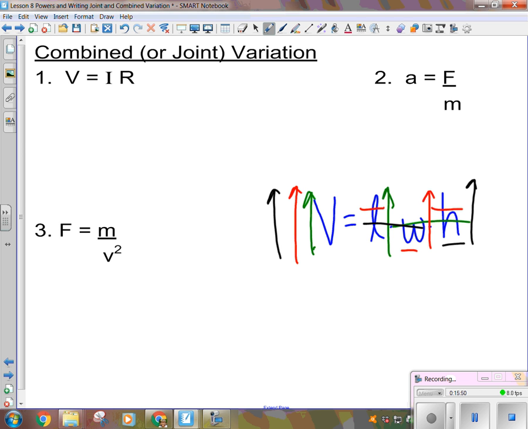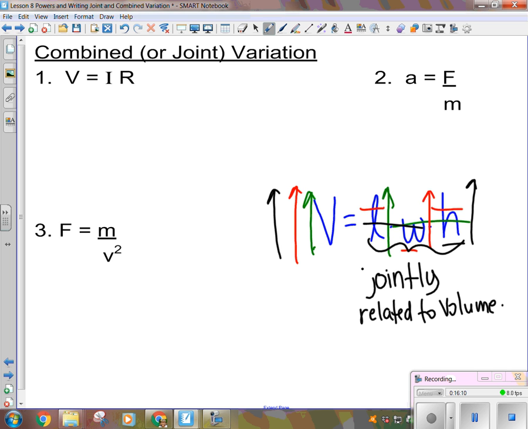All three are directly related. This word right here is what we use when you have multiple things that are all multiplied and they're all the same. So we would actually say they're jointly related to volume.